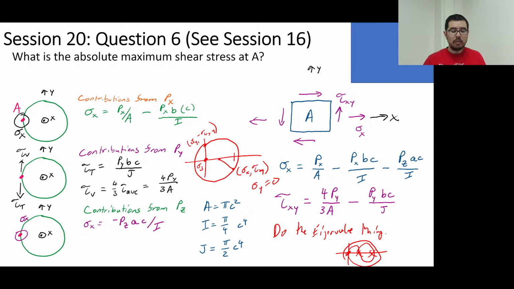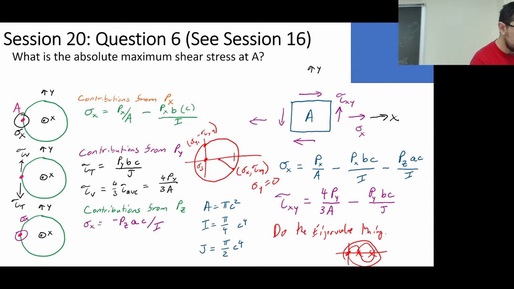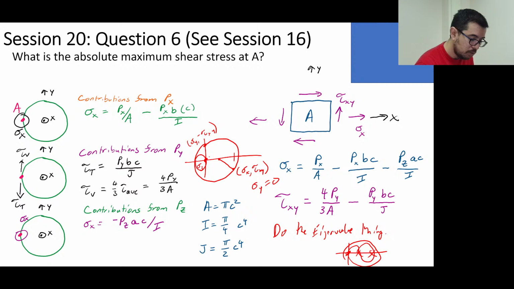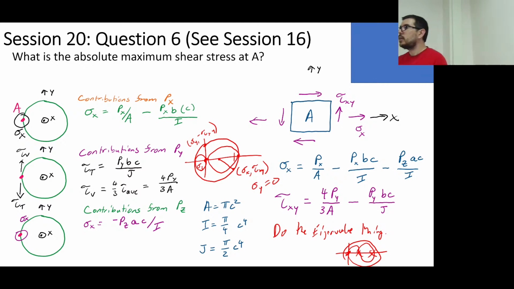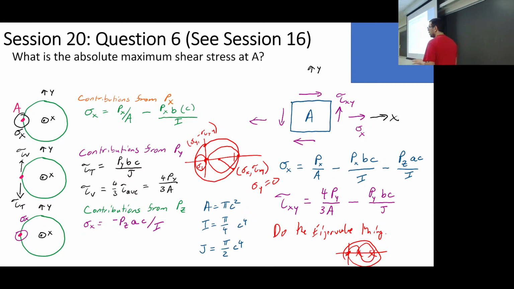Whatever the maximum in-plane shear stress is, assuming that sigma x and tau xy are both positive, for this Mohr circle is going to be the absolute maximum shear stress for the system, because these circles are going to go like that. I think I went a little fast. Did everyone get this idea?